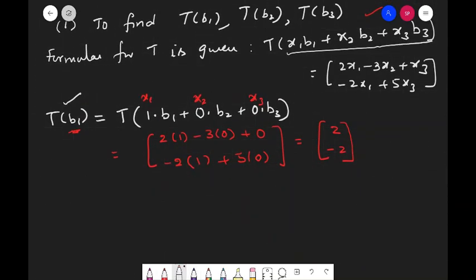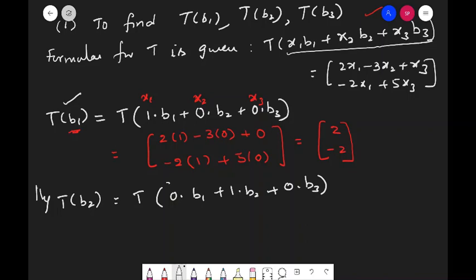Similarly, T of b2, how can I write this? This I can write as T of 0 into b1 plus 1 into b2 plus 0 into b3. So here x1 is 0, x2 is 1 and x3 is 0.